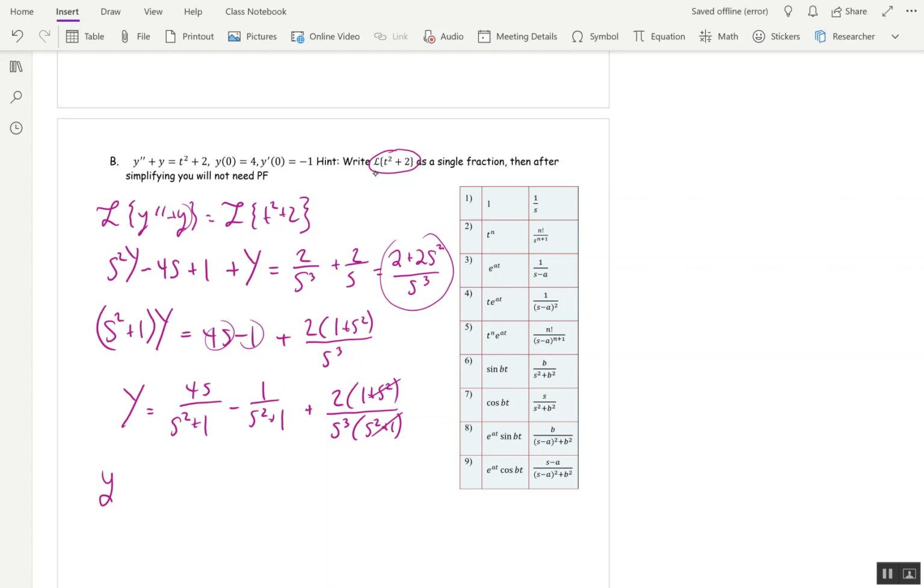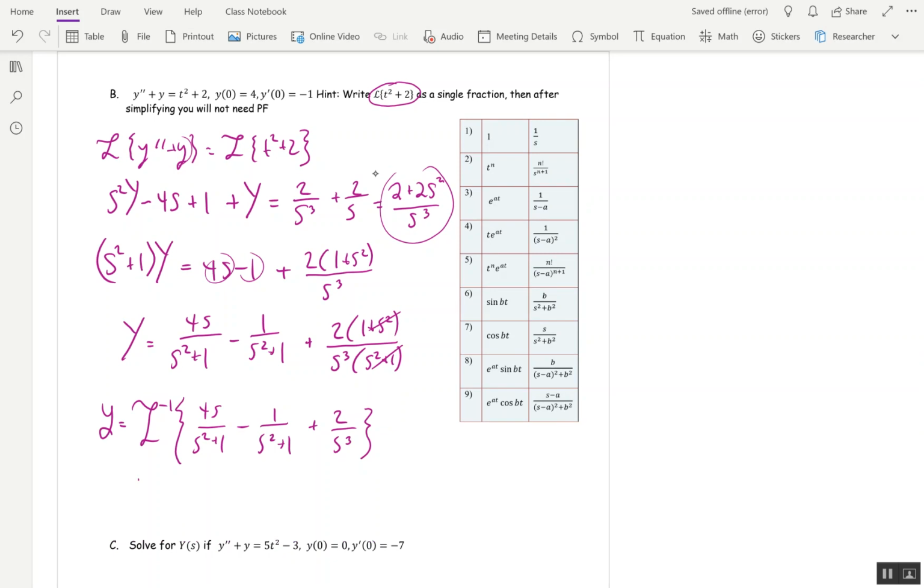So little y is L inverse of 4s over s squared plus 1 minus 1 over s squared plus 1 plus 2 over s cubed. All right, so our final answer is little y equals 4s over s squared plus 1.